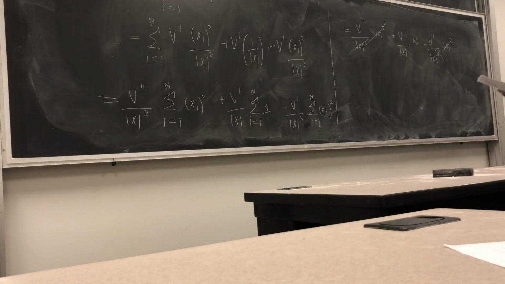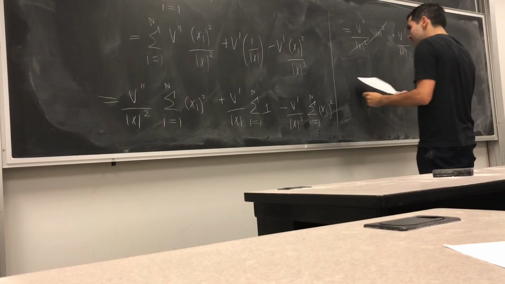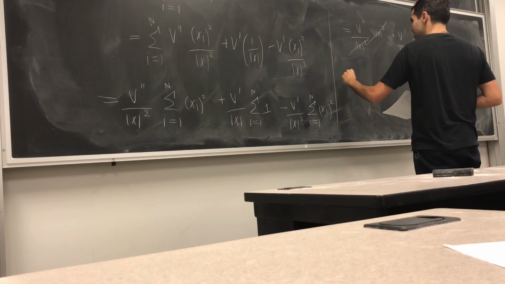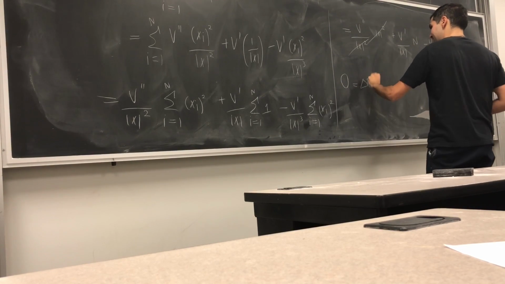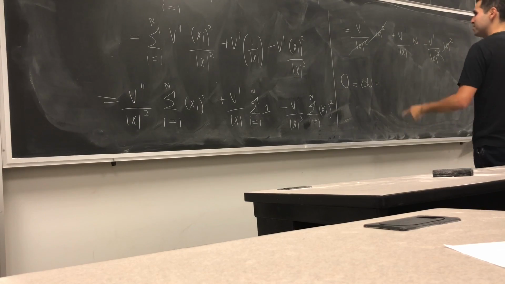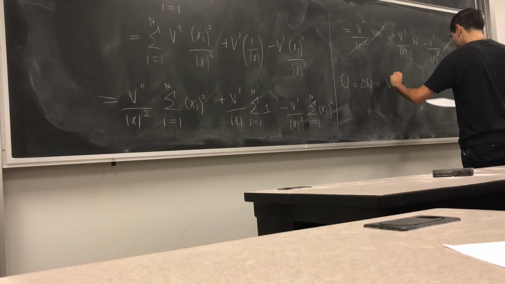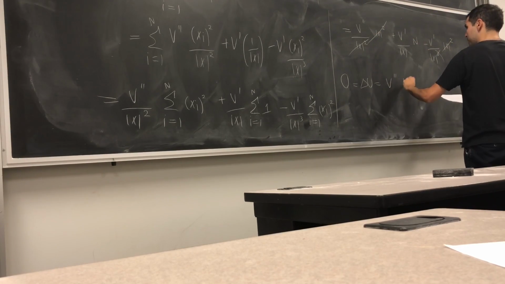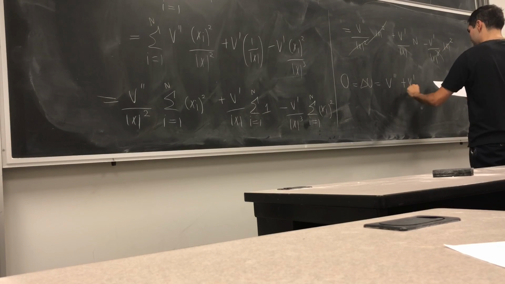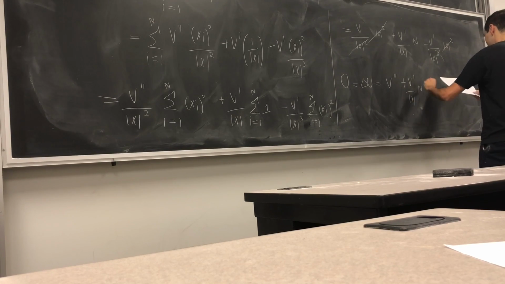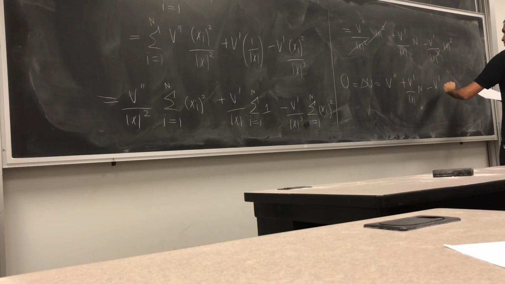Okay. So in the end, you're left with 0, which is, again, we want Laplacian of u to be 0, but this also equals v double prime plus v prime over length of x times n minus v prime over length of x.